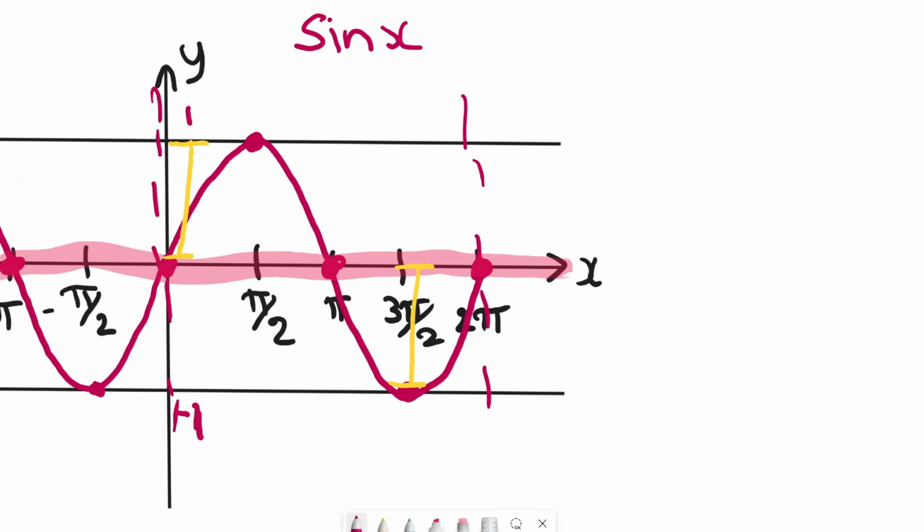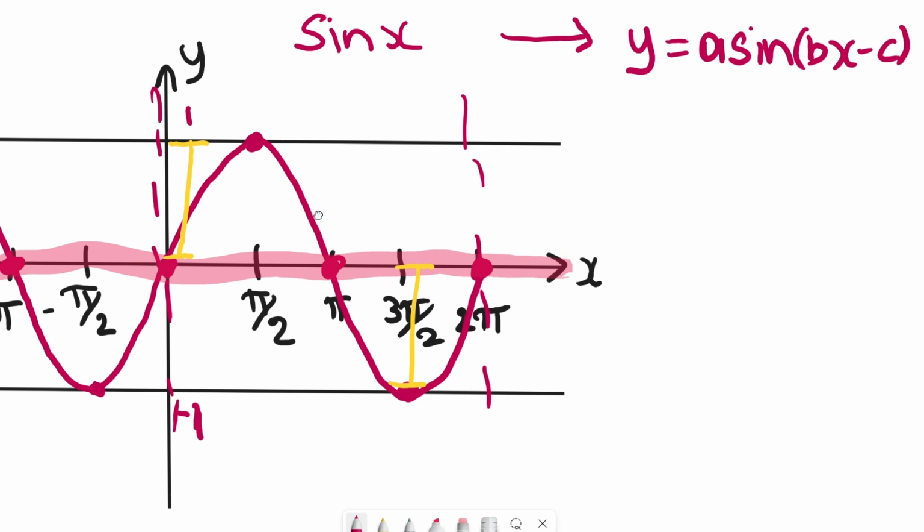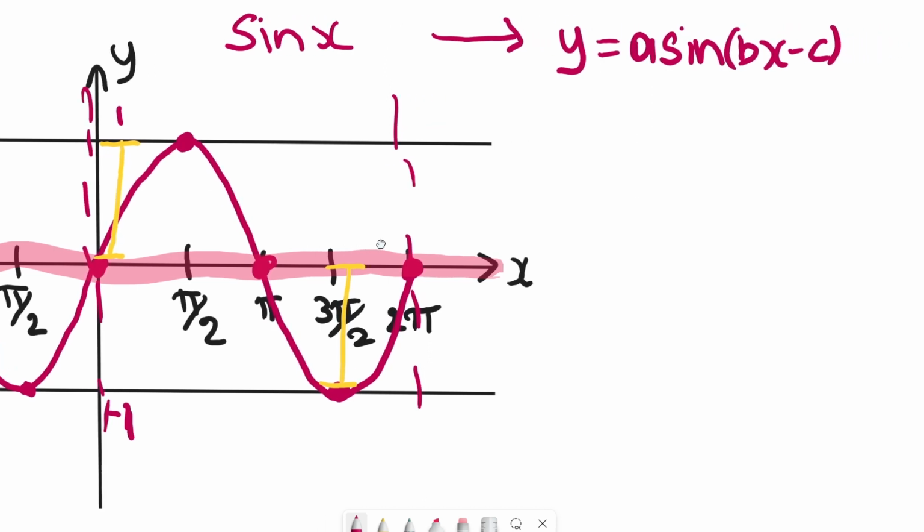Because if you think about this, right? If we look at the other type of graph that we just looked at, y equals a sine of bx minus c, right? And then plus d. For the basic sine graph, d is 0, okay? A is 1, our amplitude, right?